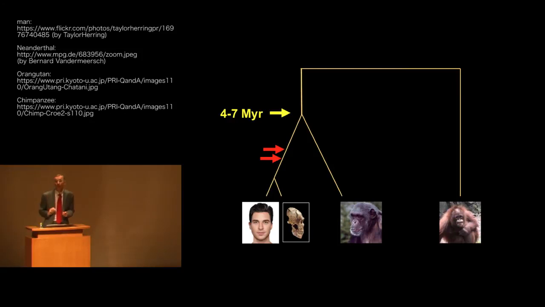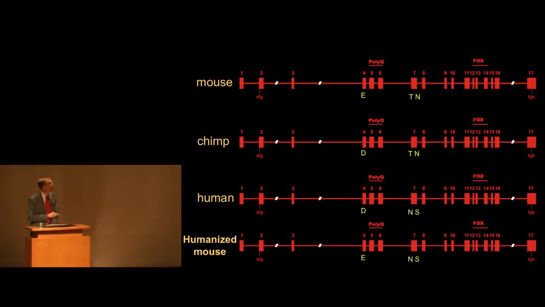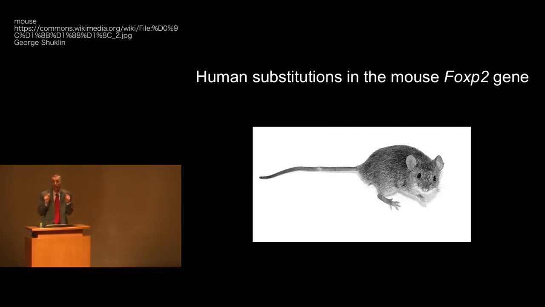But you can use them then to illustrate how we study such human-specific changes. They are close to each other in the protein here, so you can then introduce them into a mouse, into the mouse gene. And this protein is very conserved, so they then construct a mouse that essentially produces from its own FOXP2 gene the human protein.